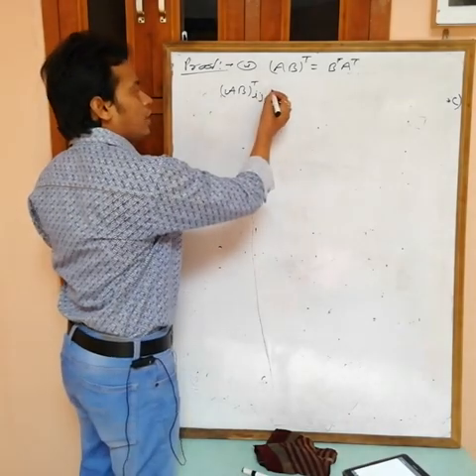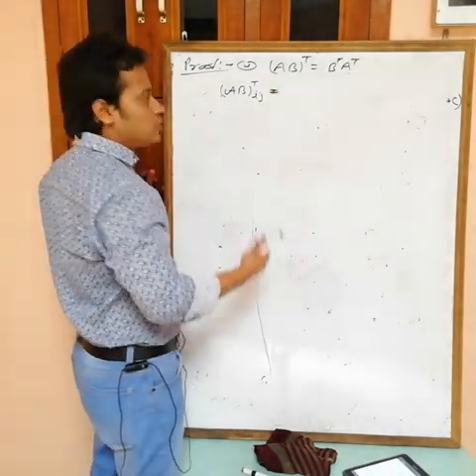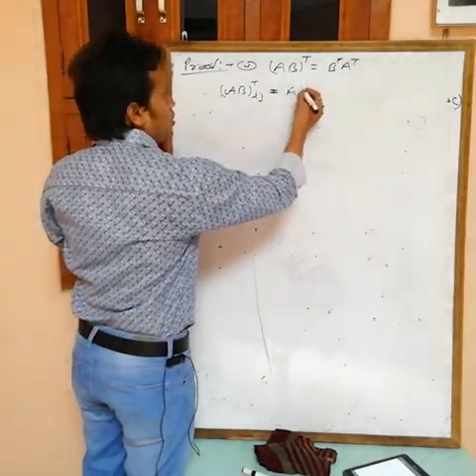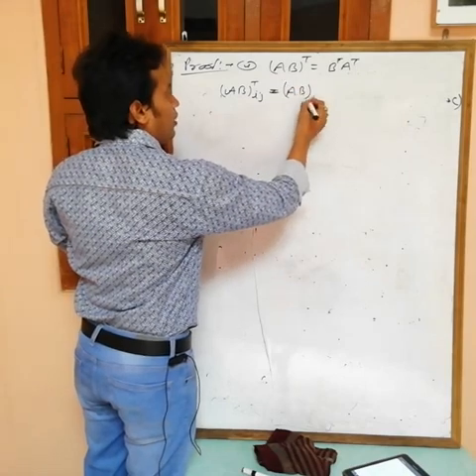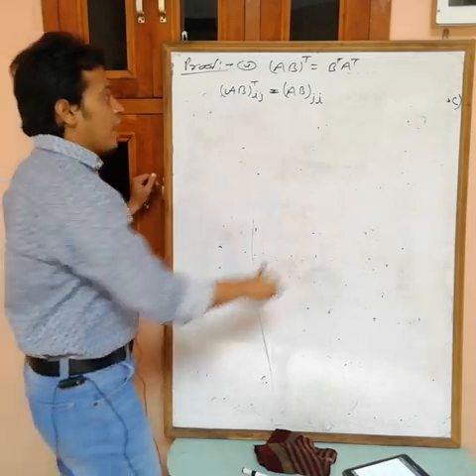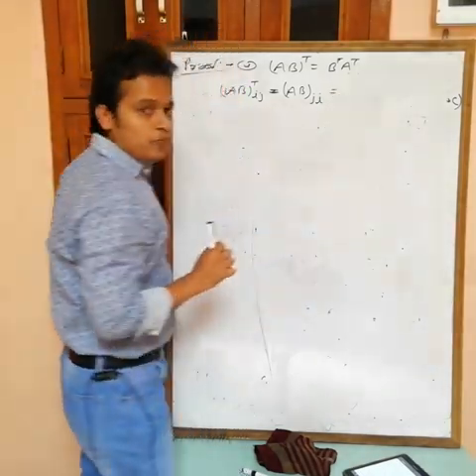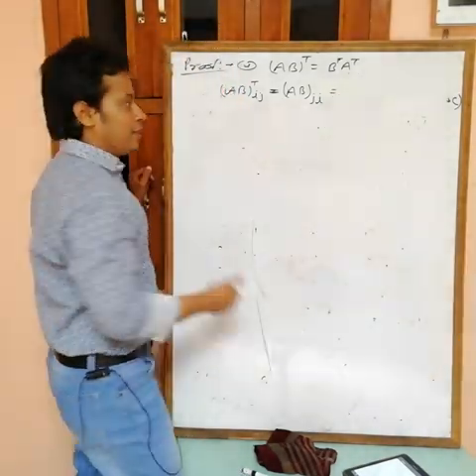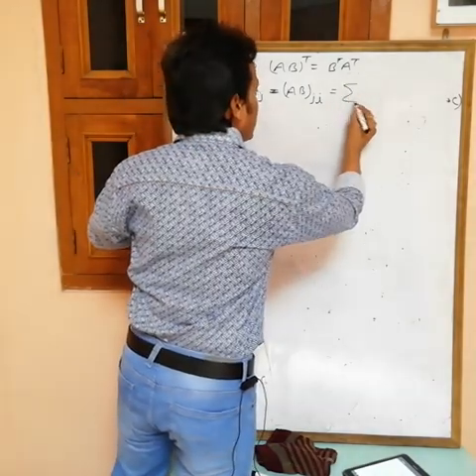Now the ijth element of (A into B) transpose is equal to the jith element of A into B. And the jith element of A into B can be written in sigma form.